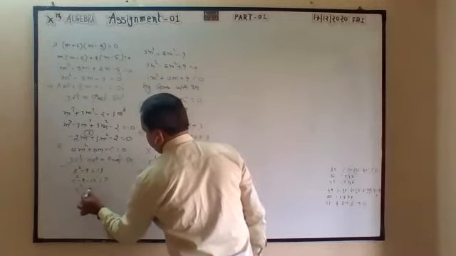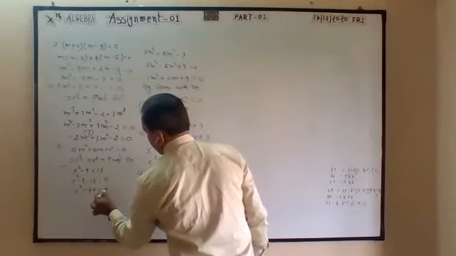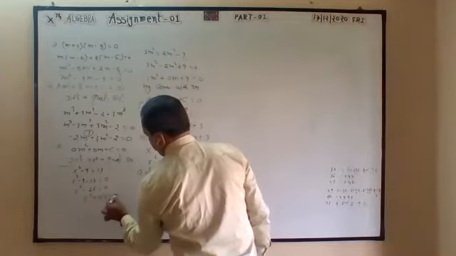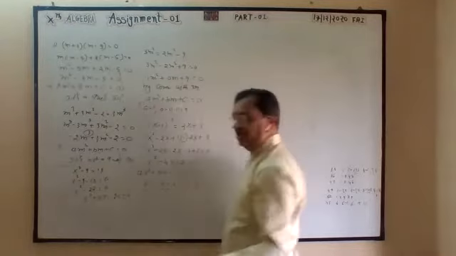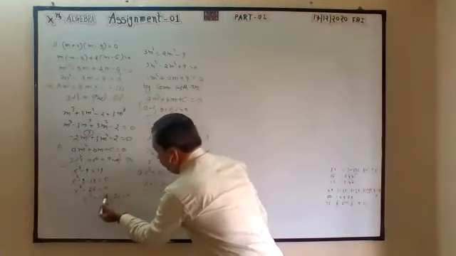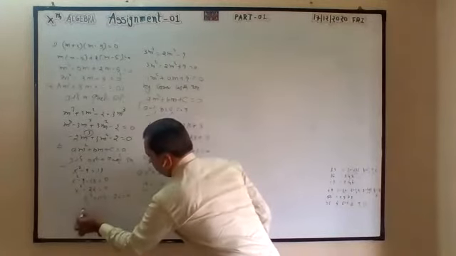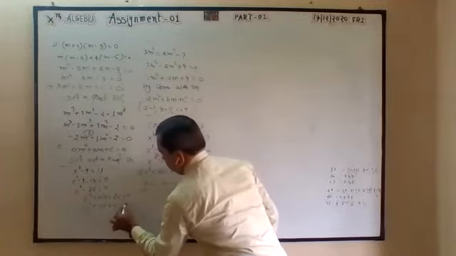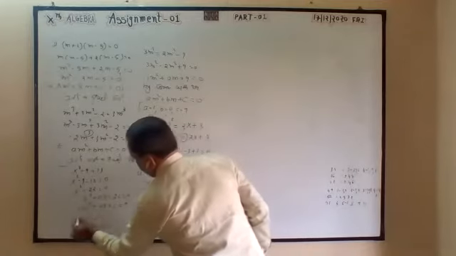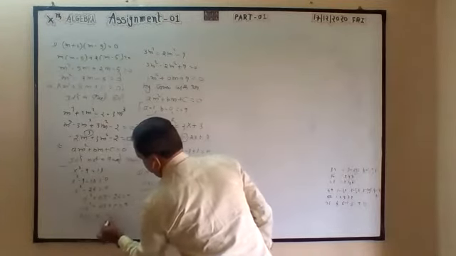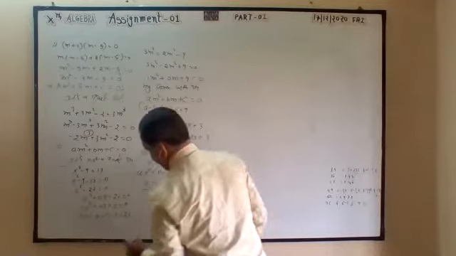So x square minus 22 is equal to 0. So x square plus 0x minus 22 is equal to 0. In decreasing form of the power: 2 power, 1 power, 0 power. So again, ax square plus bx plus c is equal to 0. So a is equal to 1, b is equal to 0, c is equal to minus 22.